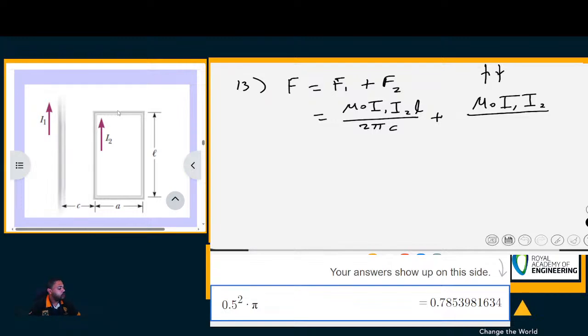We cancel on the bottom and the top, the force is going to be zero, or by symmetry, it should be canceling out. Okay, so the magnetic field at these points will be 2 pi, and the distance is, what distance is it away? It's C plus A, C plus A, okay, and of course the length L.